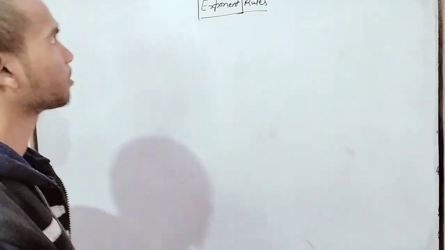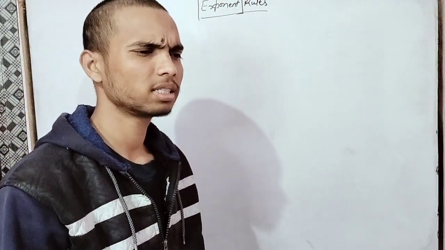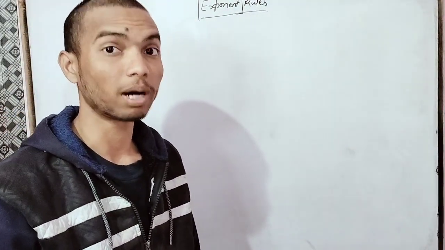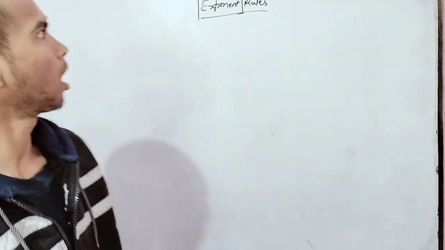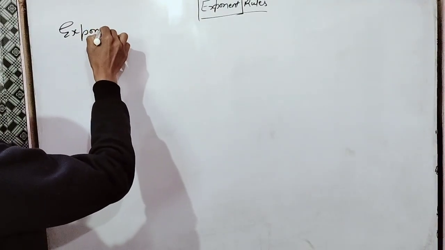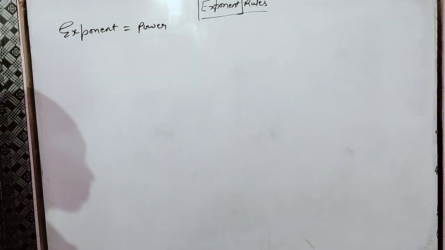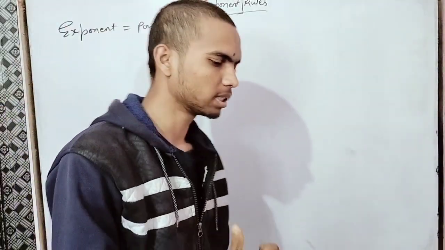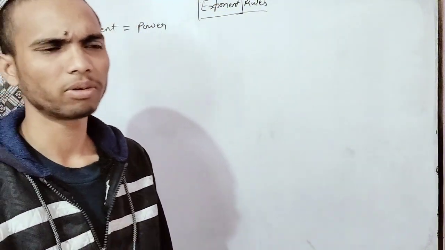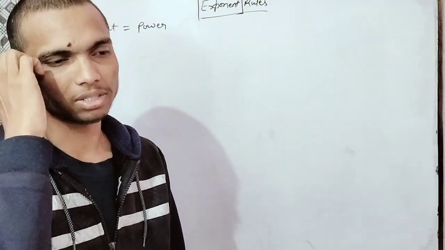Here, let me explain about it. Exponent is known as power as well. Okay. So here, exponent and power, the meaning of this and the meaning of this is the same. But exponent is used as a formal word and power is used as a simple word.